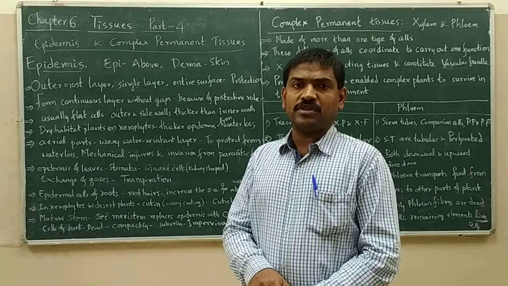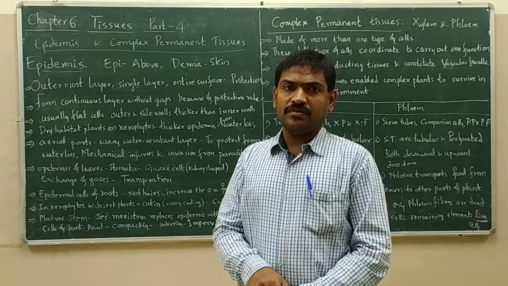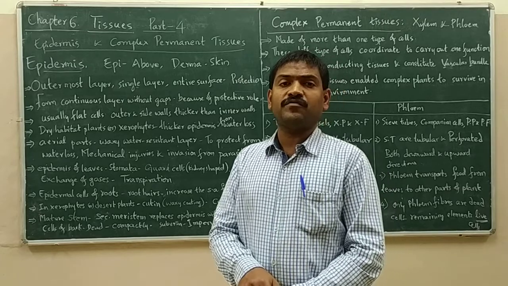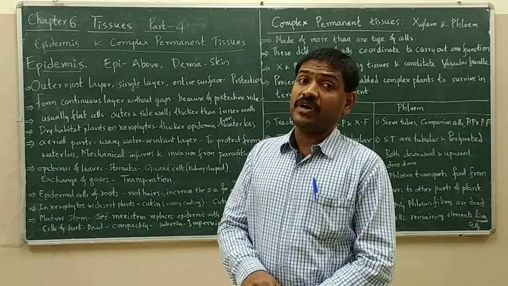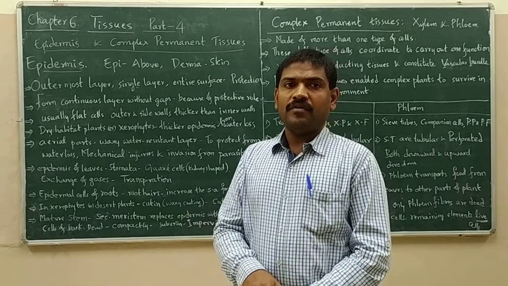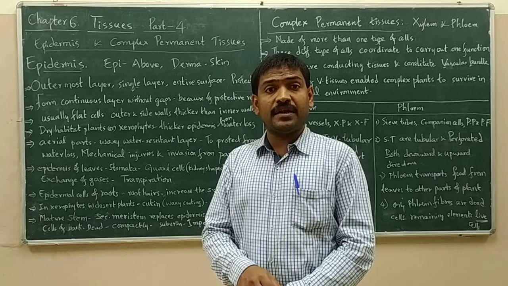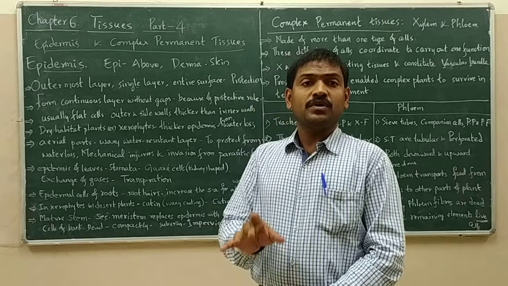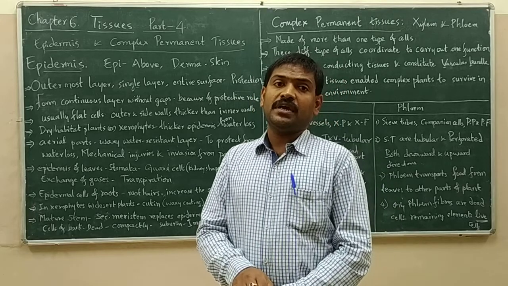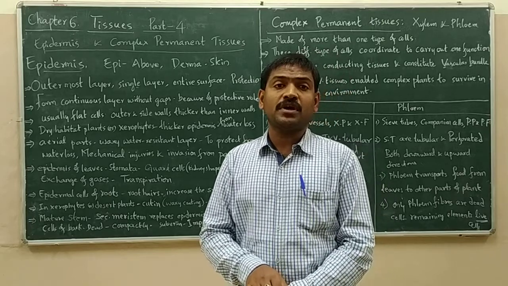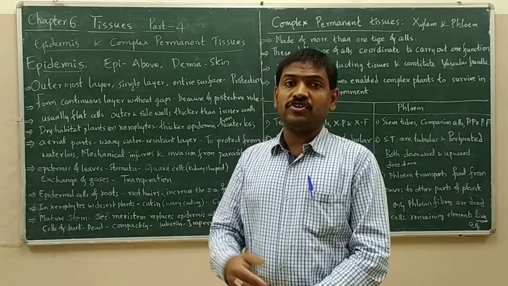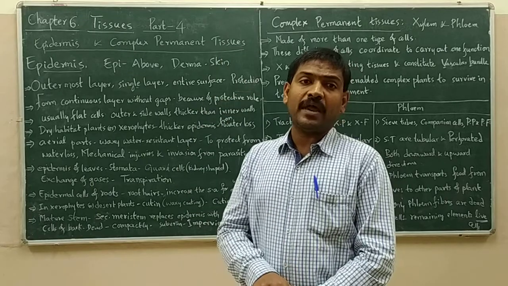Normal primary meristems, we already have learned. Meristems are of two types based on the time of their origin in the plant body. When the plant germinates, two types of meristems are present at that time itself: apical and intercalary meristems. These are called primary meristems, which help in vertical growth of the plant body.